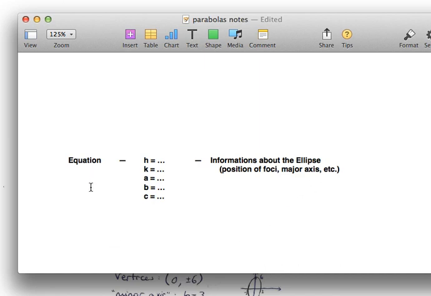From the equation, you're going to have to find H, K, A, B, and C, and from there, give the information required. The other possibility is that you are provided with information about the ellipse, and you are asked to find the equation. And in this case, again, you need to go from the information given to H, K, A, B, and C, all these constants, and from there, you'll be able to write the equation.